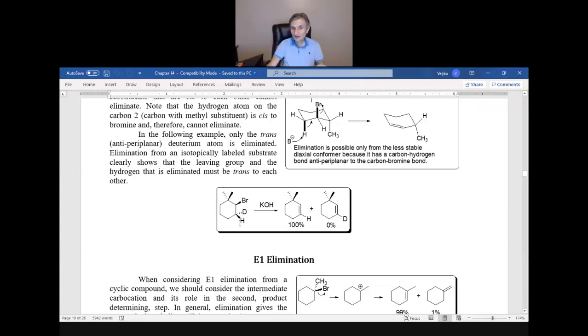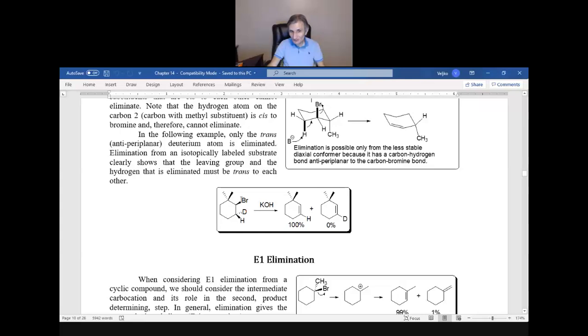available for elimination. On this carbon, we have placed two isotopes of hydrogen, protium H and deuterium D. And an exam question could be, which one is going to eliminate? Trans to bromine. So if bromine is up, the down one is going to eliminate, deuterium.